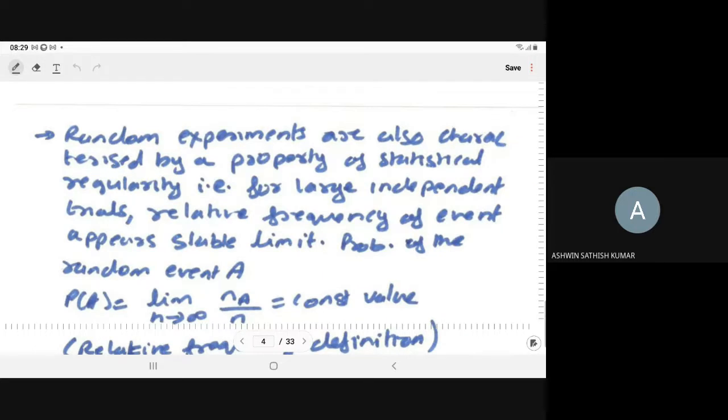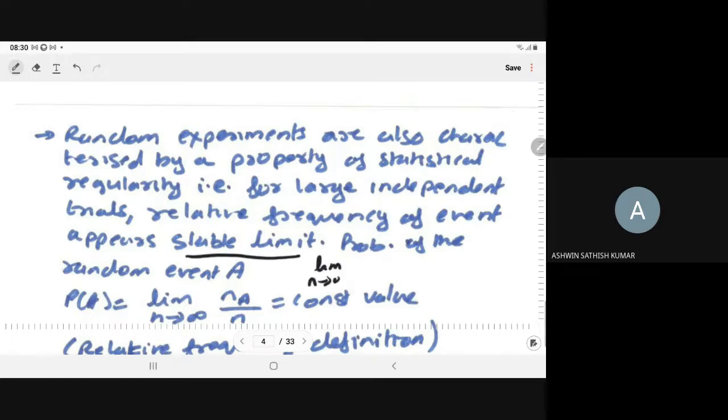Random experiments are also characterized by the property of statistical regularity that I have already discussed. That is, for large independent trials, the relative frequency of an event approaches a stable limit. Stable limit means a constant limit.